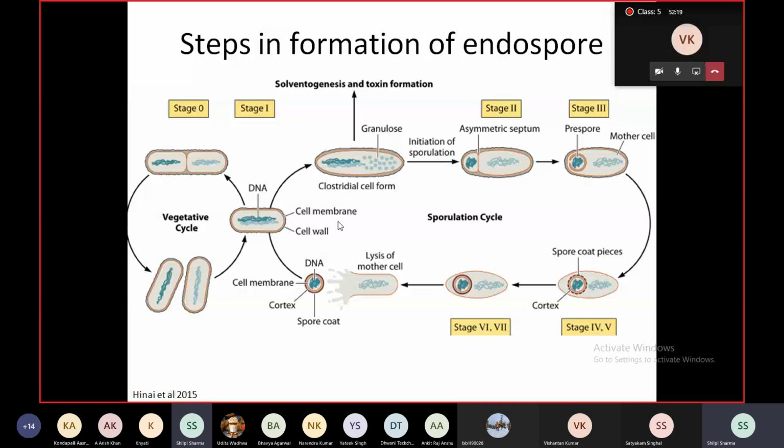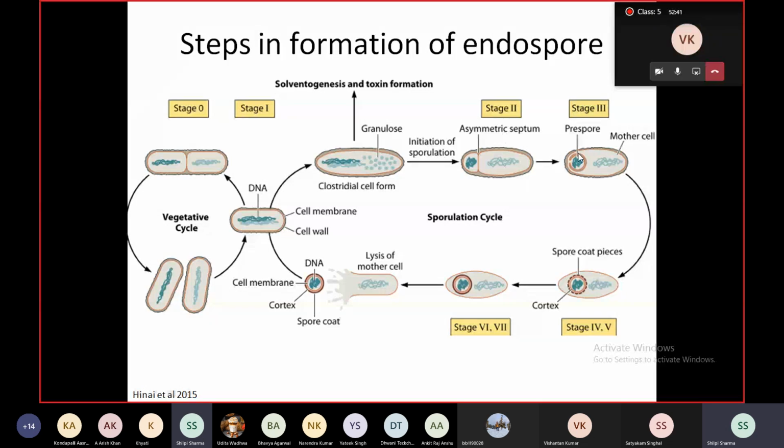As a cell enters into the formation of an endospore, it divides asymmetrically by the formation of a septum, resulting in two compartments, the larger mother cell and the smaller pre-spore. This is at stage 2 that you see here.